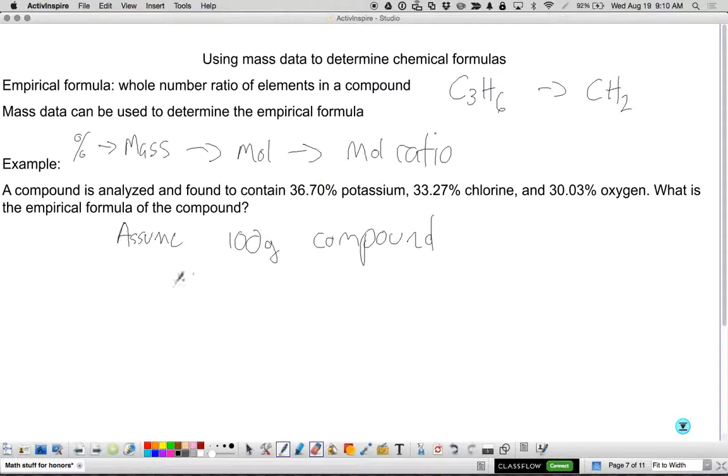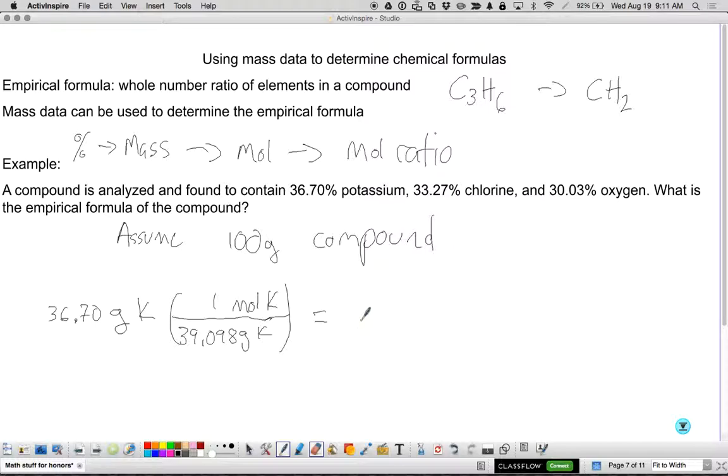So I've got 36.70% potassium, which means that if I have 100 grams of compound, I have 36.70 grams of potassium. So I put grams potassium down here, moles potassium up here. I go on the periodic table, I get the molar mass of potassium, 39.098 grams of potassium.